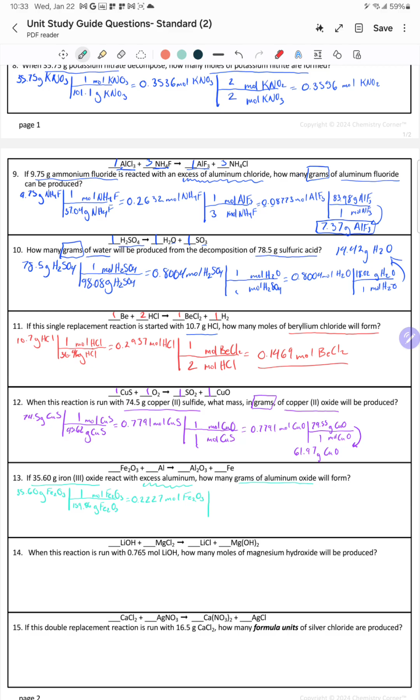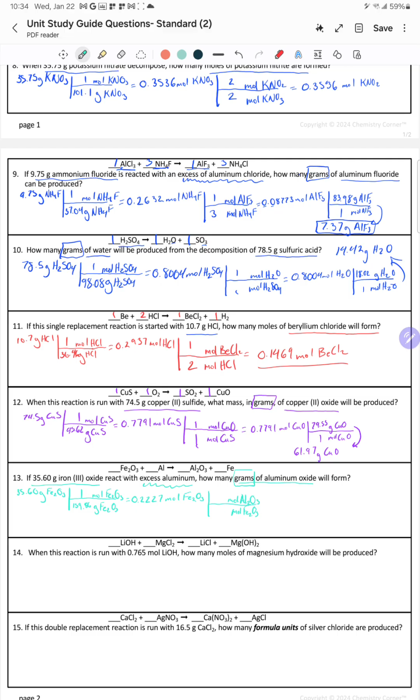All right, now I want grams of aluminum oxide, but I have to get to moles first. So moles of aluminum oxide from moles of iron 3 oxide. This means I need a mole to mole ratio, so I have to balance my chemical equation.